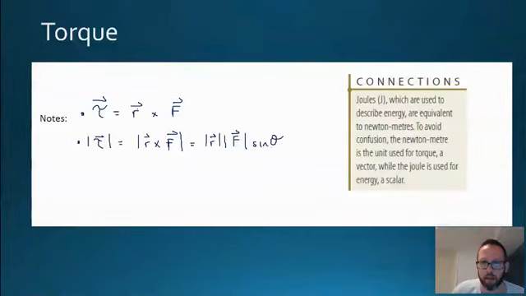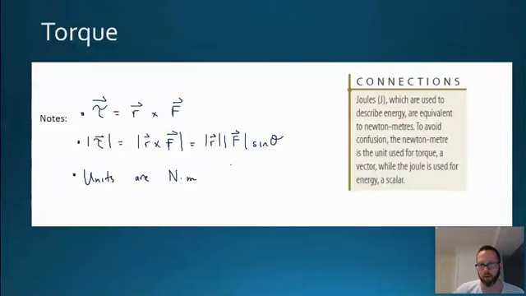Now, if you look at the units, R is like a displacement, meters, and F is a force, newtons. So if you multiply those two together, the units are the Newton meter. Now, you guys have learned in physics that Newton meters are equivalent to joules if you just plug in all the kilograms, meters, and seconds.